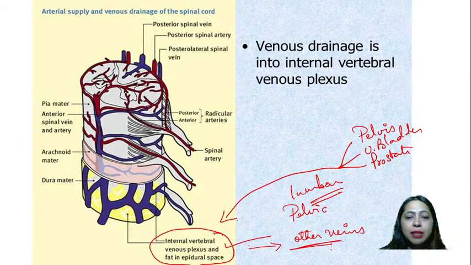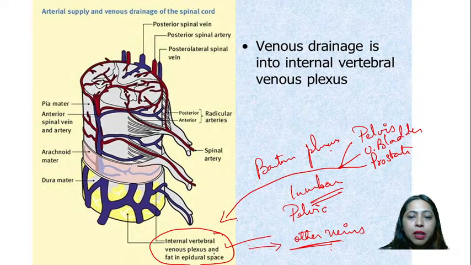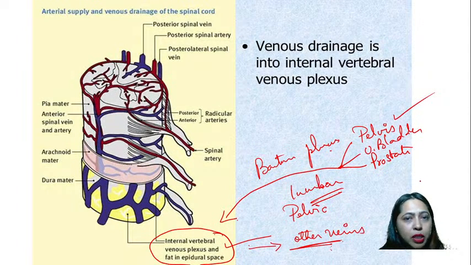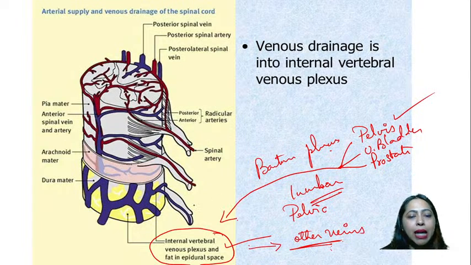And what is the plexus that forms between them? It is known as Batson's plexus. Since there is a communication between these two, if there is a carcinoma of the bladder or the prostate, it can easily be carried to the vertebral venous plexus.